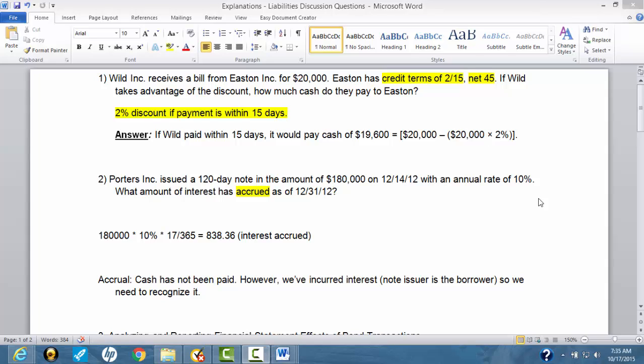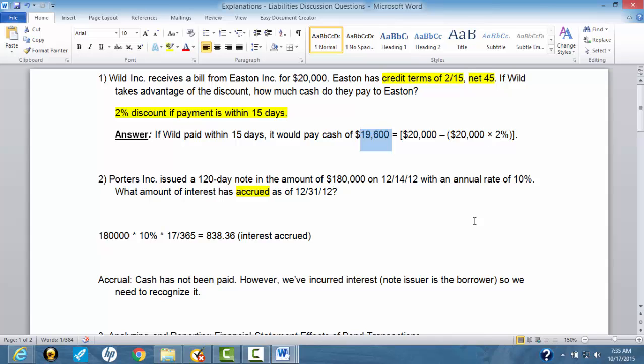Now, if Wild takes advantage of the discount and pays within 15 days, then the amount paid will be 20,000 minus the discount, which is 2%. So 2% of 20,000 is 400. Subtract that from 20,000, we get 19,600, which is the amount paid to the supplier.